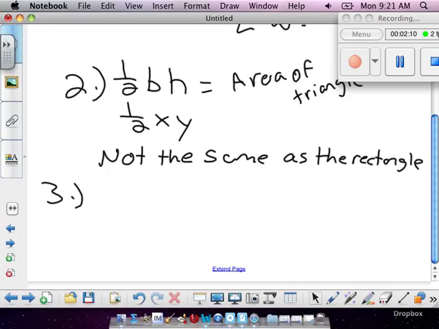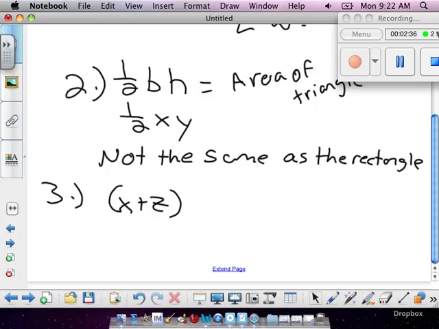Let's make our pieces on our paper look like a parallelogram. Okay? And how have we been finding area? Base times height or length times width? What is the length in this case of this parallelogram? X plus z.